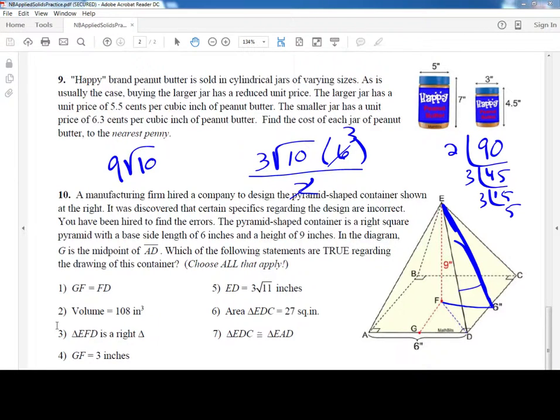So this says equal. I would say no, that's not correct. How'd you get to 3? Well, they told us that this was a midpoint, so if I go down to the midpoint here, that gives me 3 and 3 for 6. So this one is a no-no.